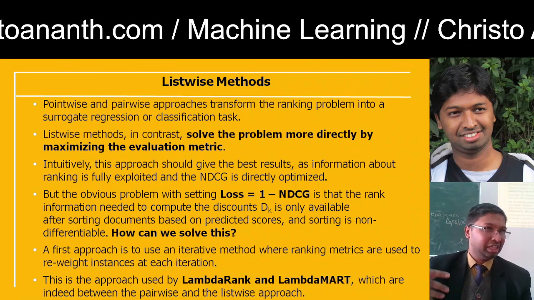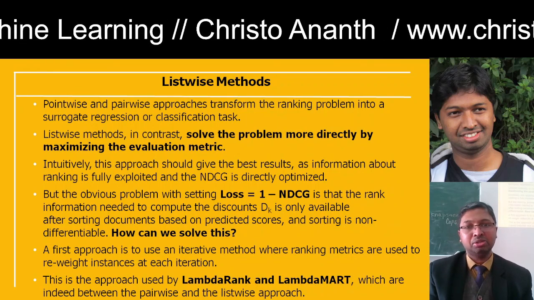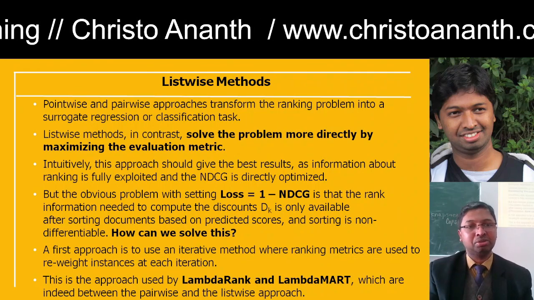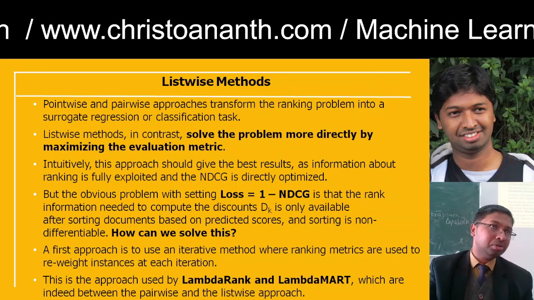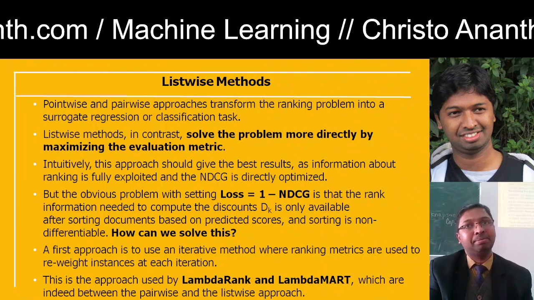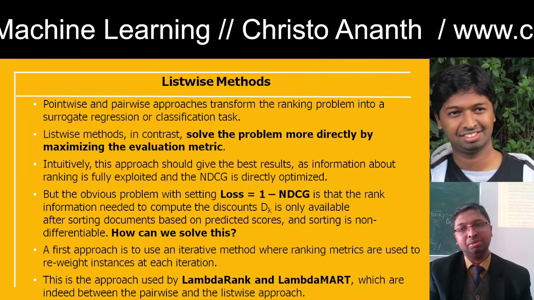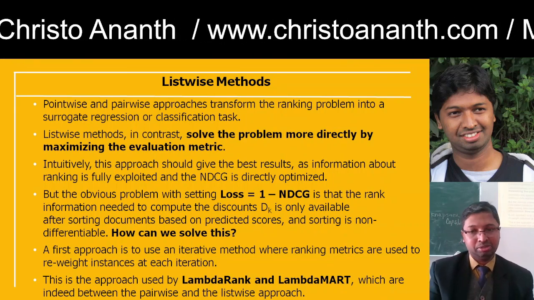That is the rank information needed to compute the discount decay, so you go with the predicted score, and it is not differentiable as well. So you can use either LambdaRank or an advanced method like LambdaMART. That would be an advantage over the pairwise approaches.